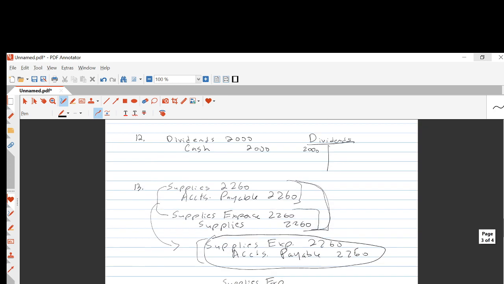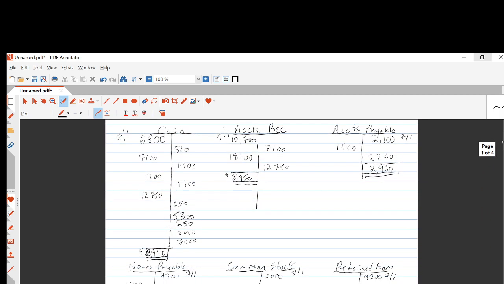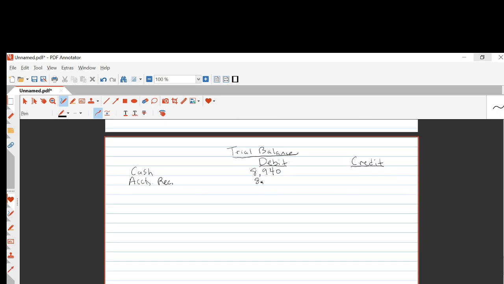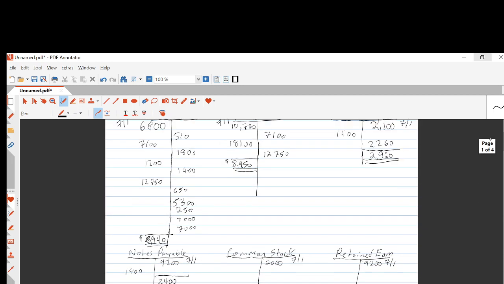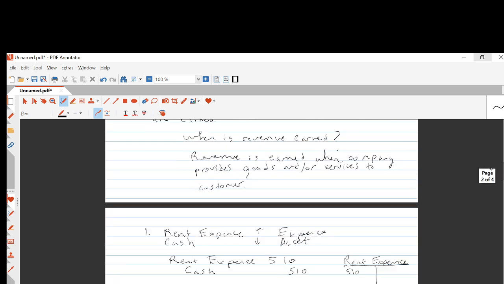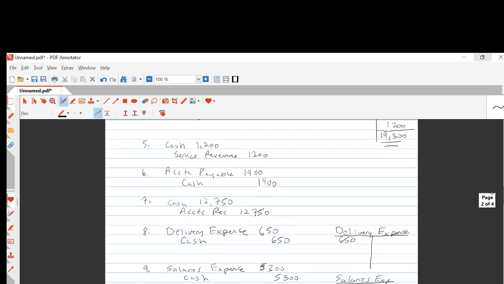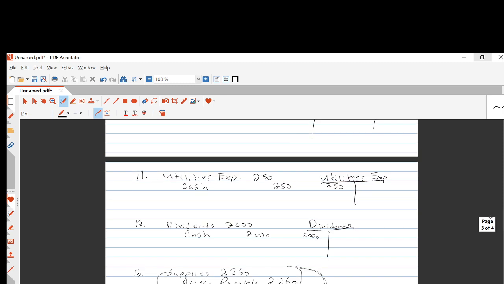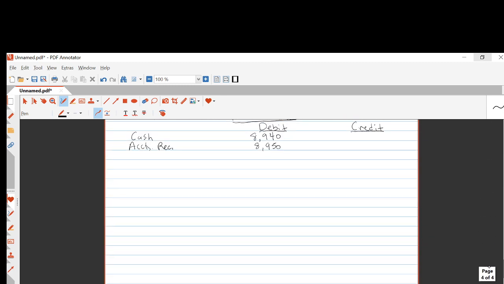Its balance at the end of the month was $89.50. Let's see, what else do we have here? Do we have any other assets? We want to list those. We have our equipment, 7,000.